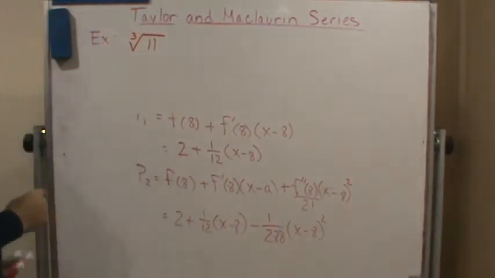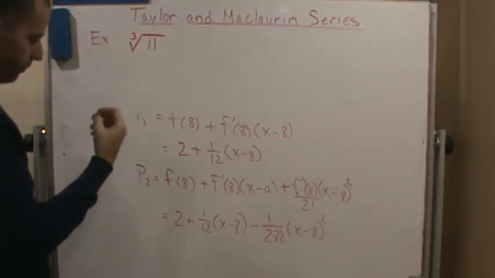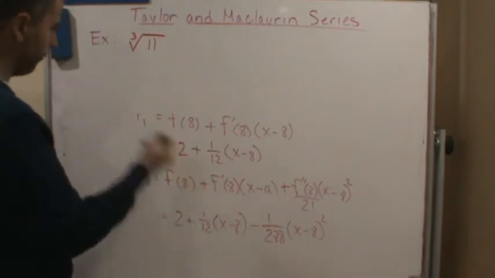Okay, so now how are we going to do that? Well, since we want the cube root of 11, that means x is 11, right? So we're going to stick in 11 for x.